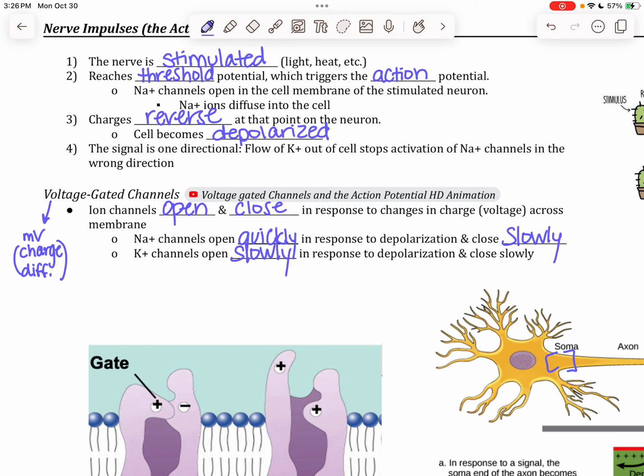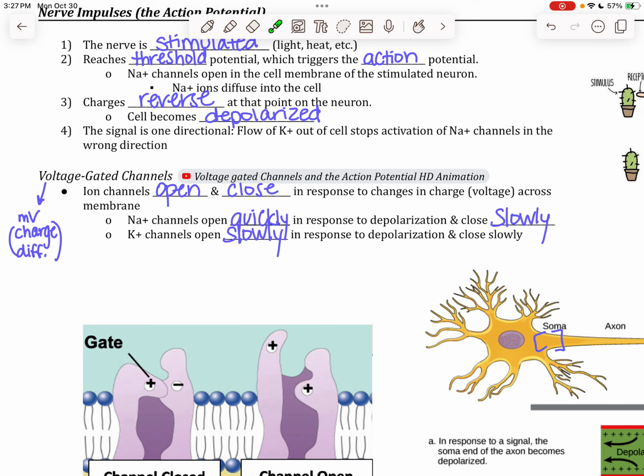The reason for that is that the potassium is involved with the resetting of things. The fact that they are slower than sodium is so they don't depolarize again too fast, and that's a one-directional movement. So once again, I would pause and play this video here to give us more information on voltage gated channels.